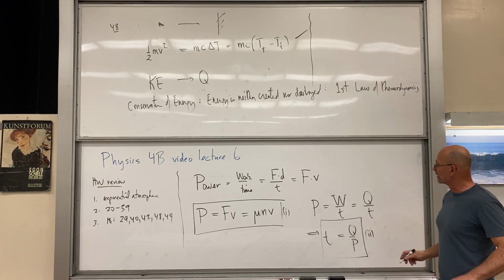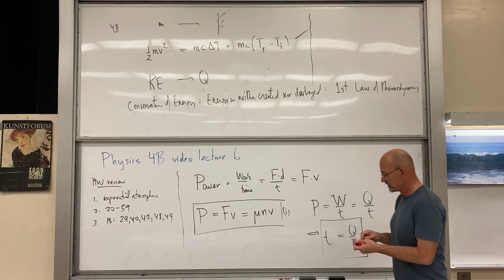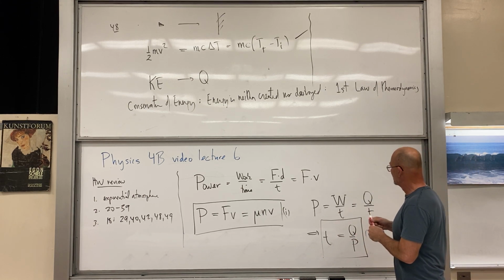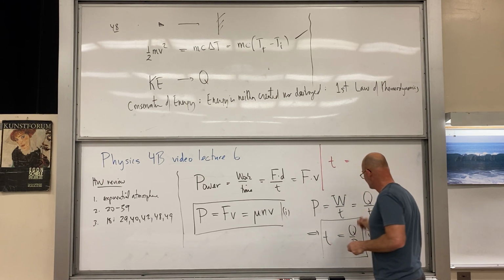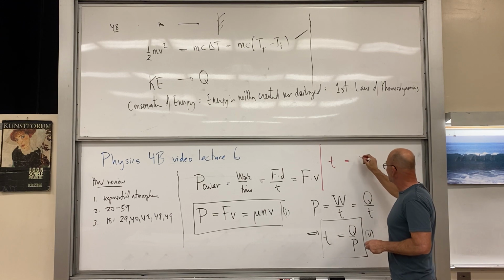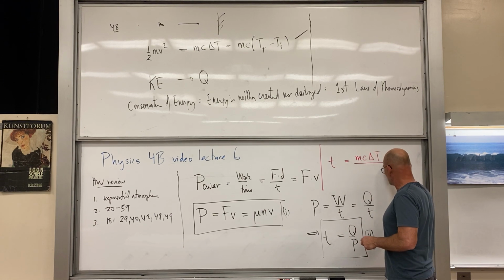And now you can see how we're going to put them together. We're going to solve for the time. Okay, put it right here. So the time that we're looking for is equal to m c change in temperature.